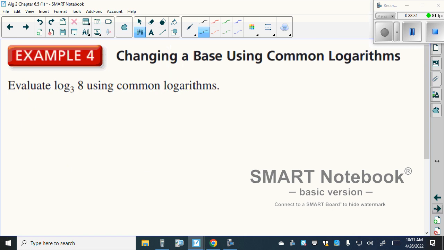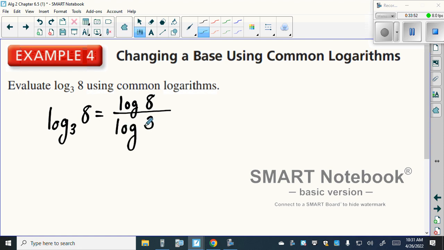So if we want to evaluate this using common logs, log base 3 of 8, rewritten using the change of base, would be log of 8 over log of 3. And that's it.